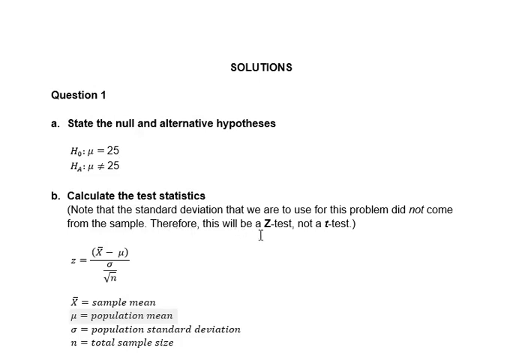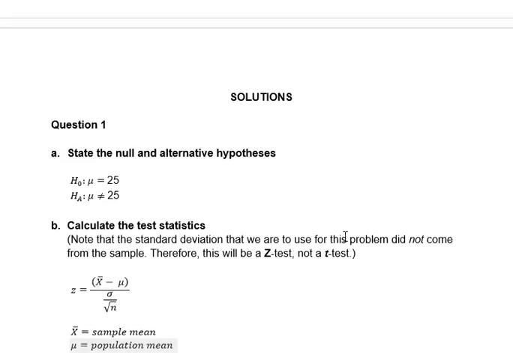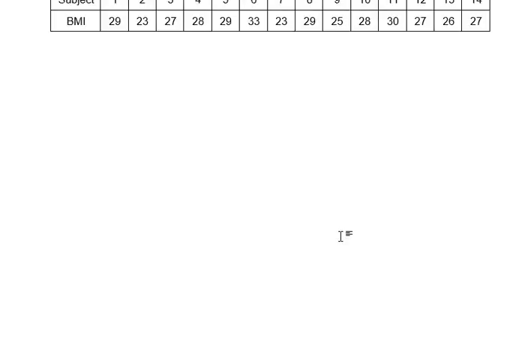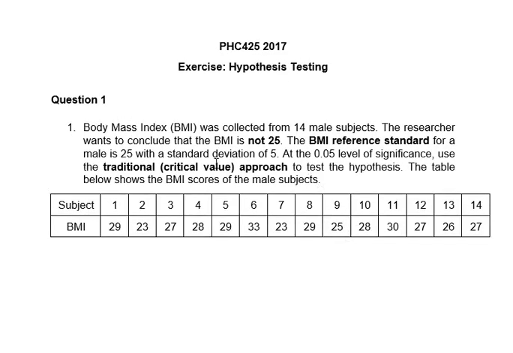Therefore, this will be a Z test, not a T test. Since the standard deviation is from the population, referring to the BMI reference standards for a male, it reflects the population instead of the sample.